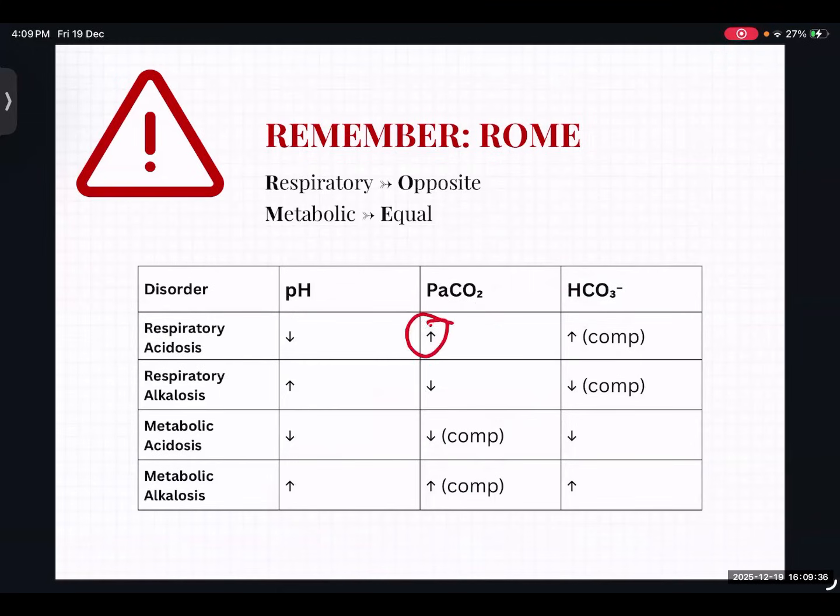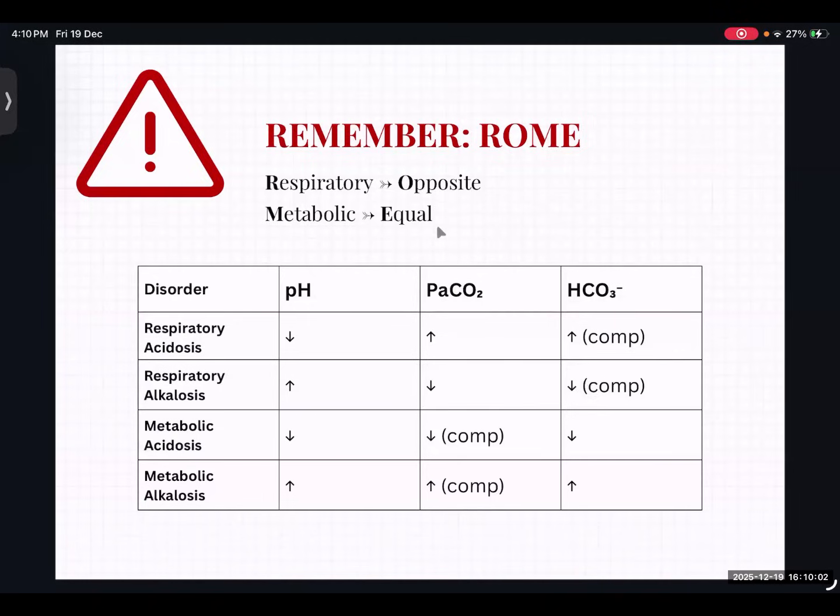So if we have increased CO2, we need to increase bicarbonate to compensate for it. Again, if we have decreased CO2, we need lower bicarbonate because we already have alkalosis. We want lower bases to raise the pH level. That is also true for metabolic diseases.